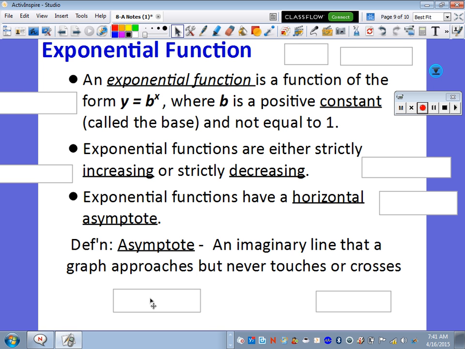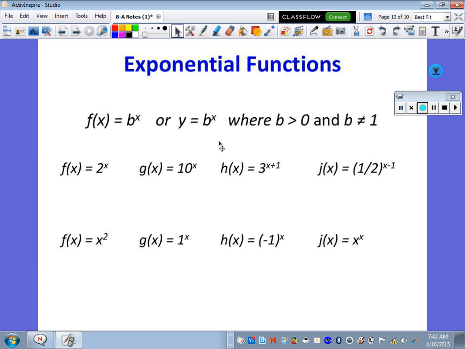Now, because this is the formula, f of x or y equals b to the x, where b is greater than 0 and b is not equal to 1, I would just plug these in on the calculator. So here it would be 2, caret key, x. That's how you would do that.